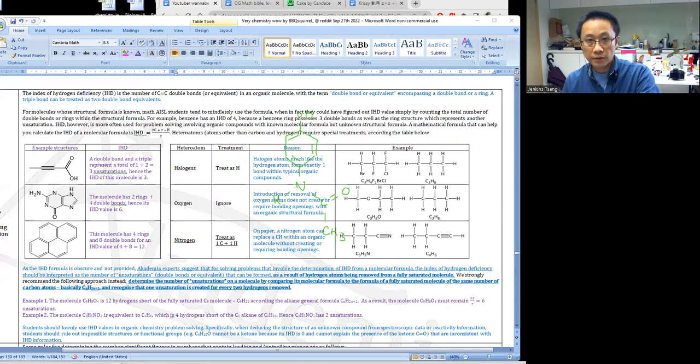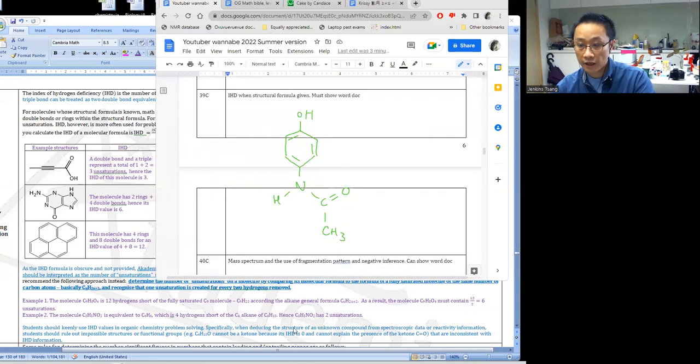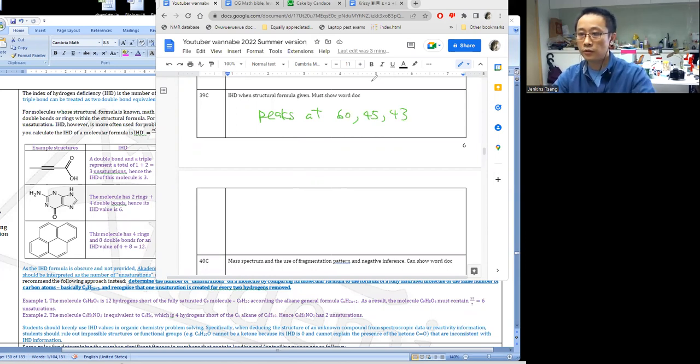Okay, last question, which is about analyzing a mass spectrum. The mass spectrum has peaks at 60, 45, and 43, and there are some other minor peaks due to isotopomers, but I don't think those are important for IB purposes.